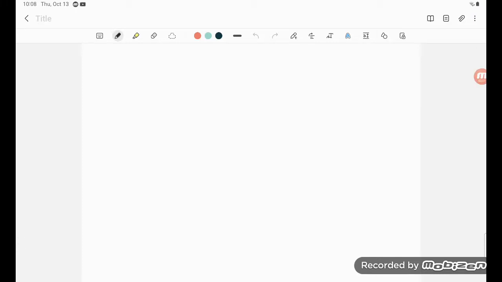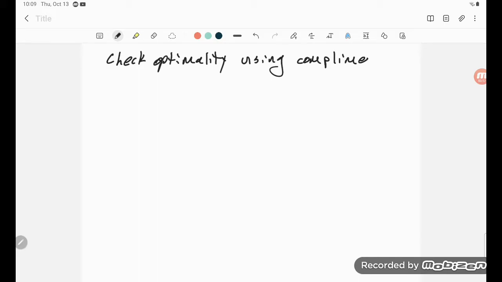Okay. So we want to check optimality using complementary slackness conditions.